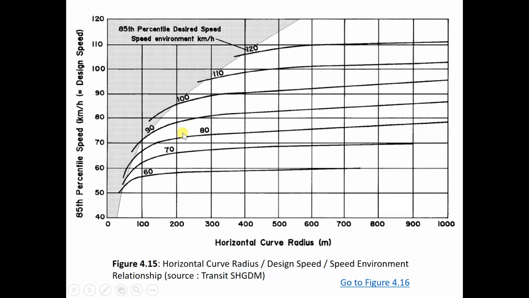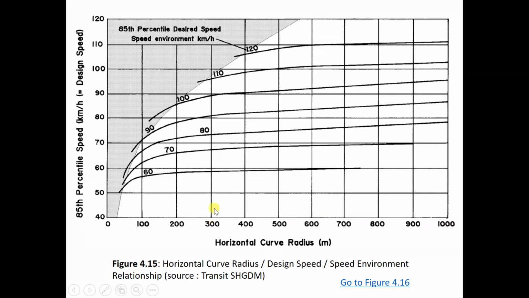That means that we don't look for the 80, so the speed could be lower. For example, let's say design for 80k, and your horizontal radius is 300 meter.